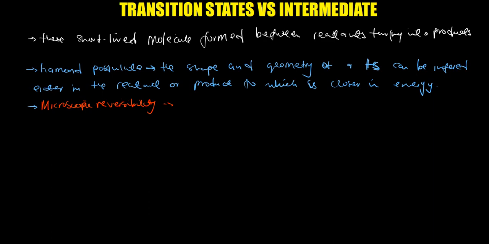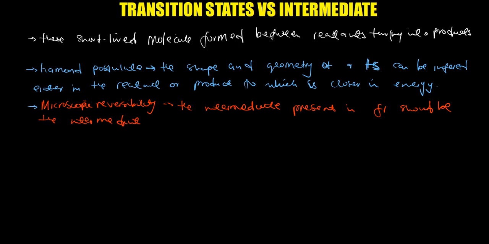The intermediate present in the forward reaction should be the intermediate in the reverse reaction, the backward reaction.